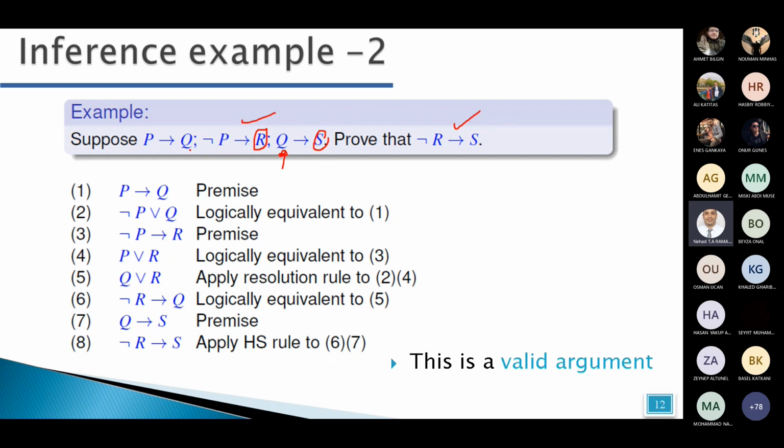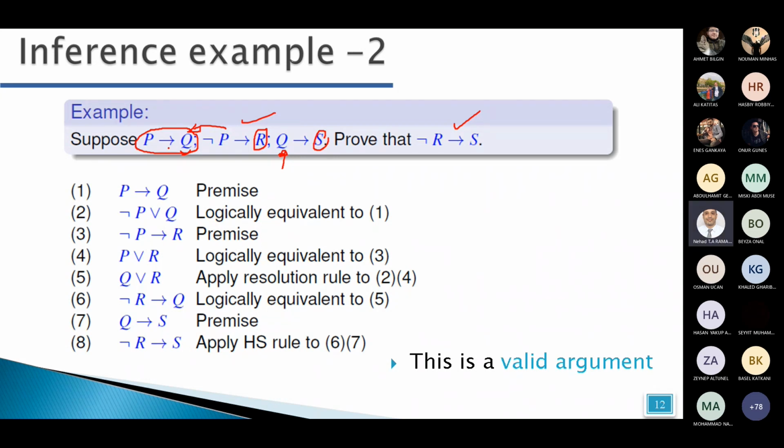A Q, it's here. Okay. So we will connect between this one and this one to get a Q and not R in the same statement. Okay, so let's start from this one and see what we can do with it.